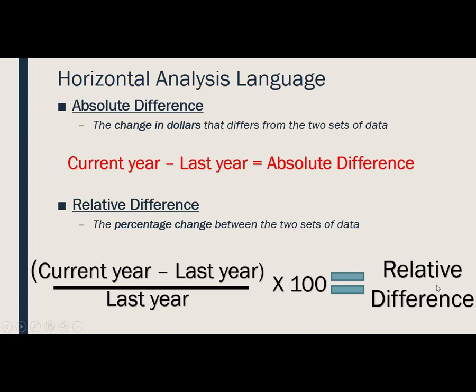That gives us our relative difference. If you're comparing it to industry averages, we'd go current year minus industry averages divided by industry averages times 100. Notice that this top portion is actually our absolute difference. We're just adding one more step to it. So that would give us our relative difference, or our percentage change.